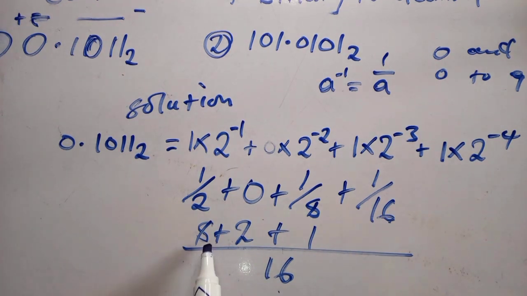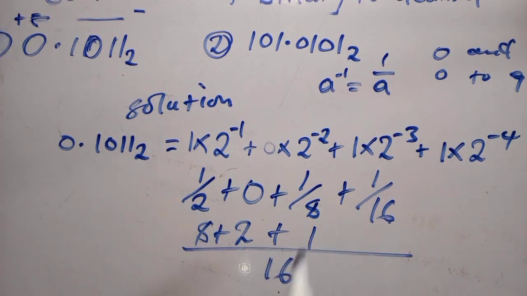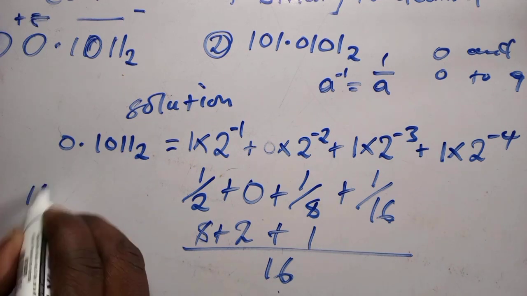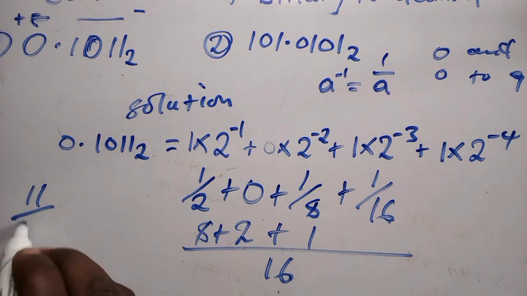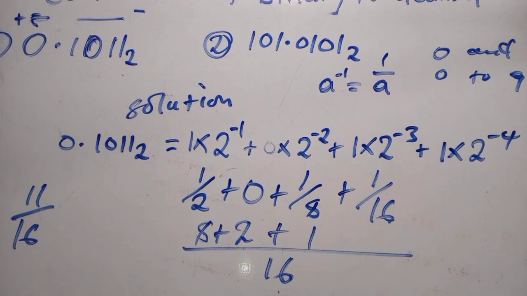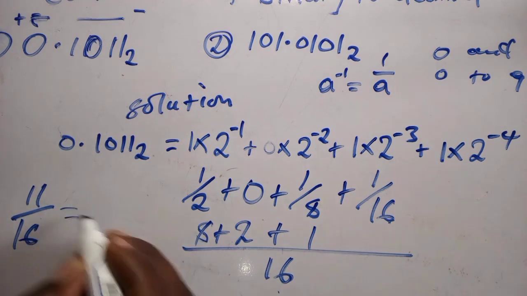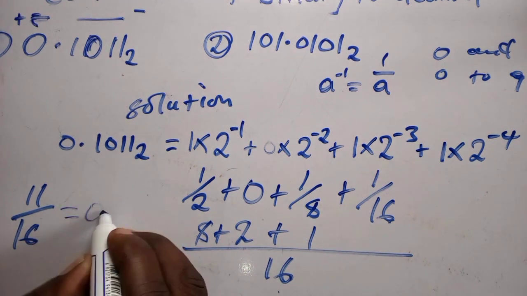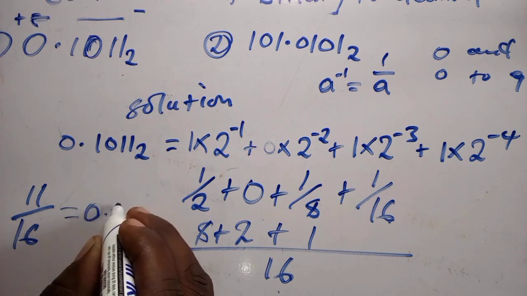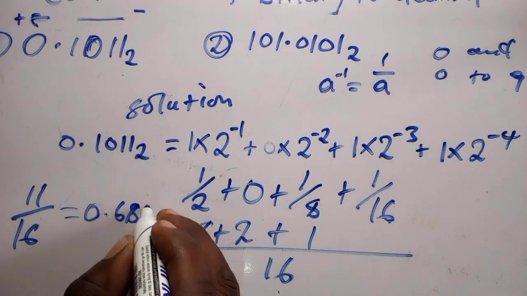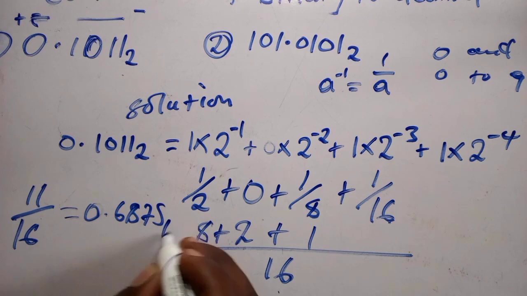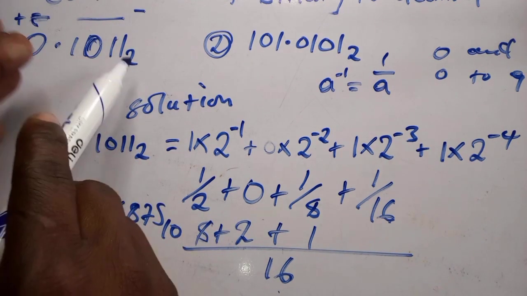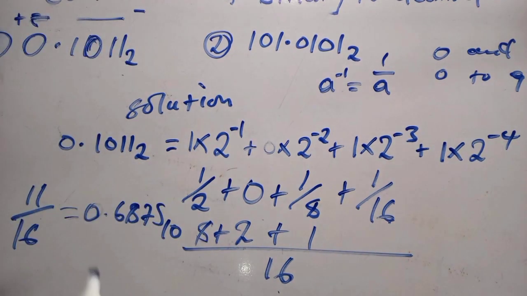So when you add 8 plus 2 plus 1, we are going to have 11 over 16. And when you divide 11 by 16, the value which you get is 0.6875 base 10, because we are converting it from base 2 to base 10. So this is our answer for the first question.